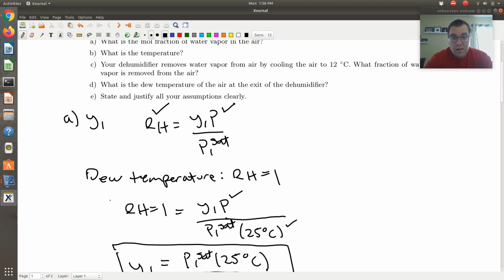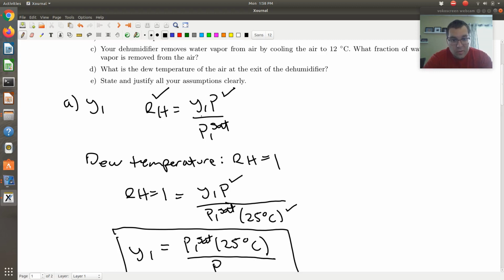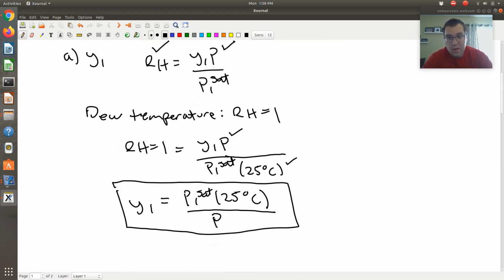Then in B, what is the temperature? Well, looking at what we wrote here, in A we just solved for Y1, so the only unknown now is P1 sat. So in B, when I'm asked for temperature, I think P1 sat.